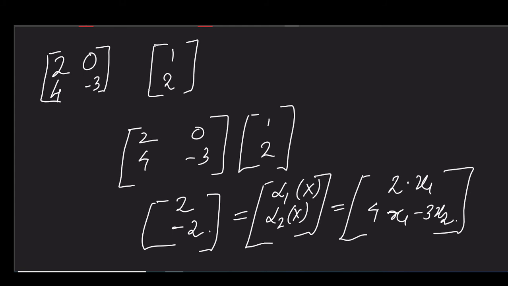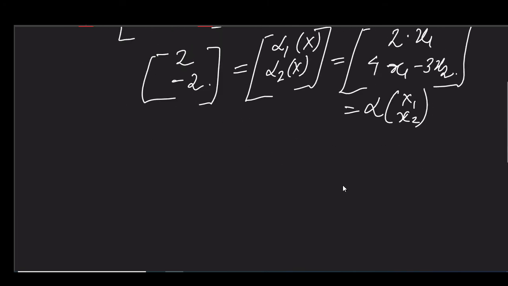Whatever argument you pass, it will be like this, and this whole thing can be written as a linear function alpha of x1, x2. That is what I am trying to say here.